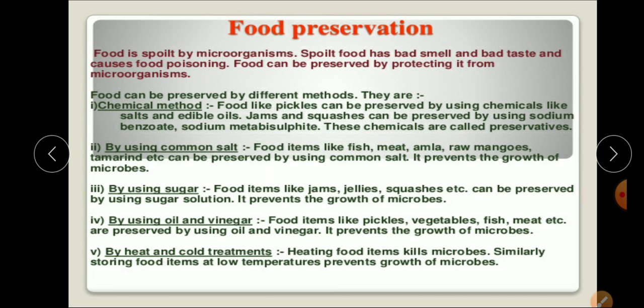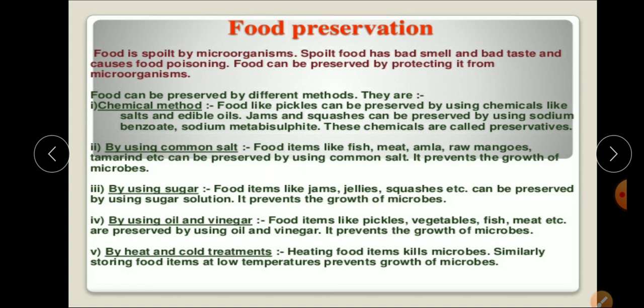It is very important that the food should be preserved to prevent it from being spoiled. Understood? So for that we use food preservation. In chapter 1 we have already learned about the methods, how to preserve and store food grains, isn't it?